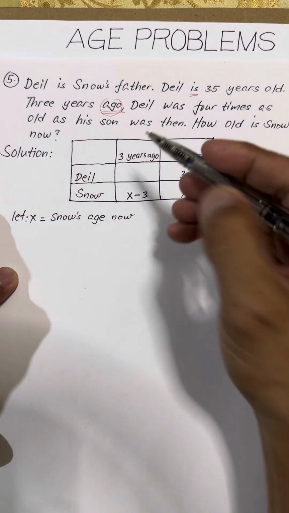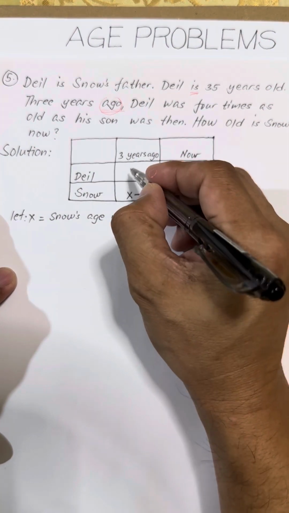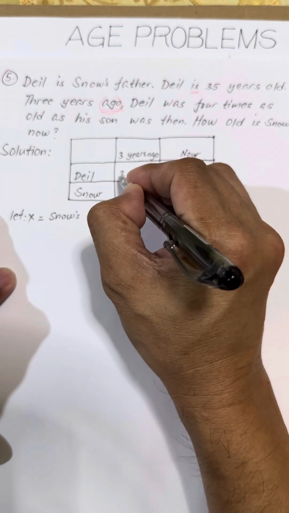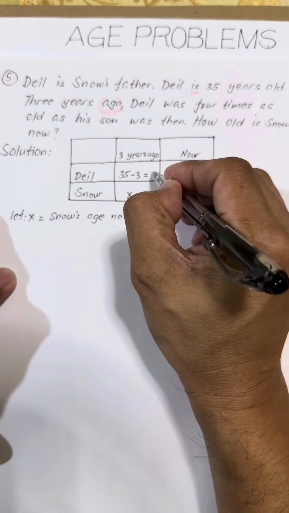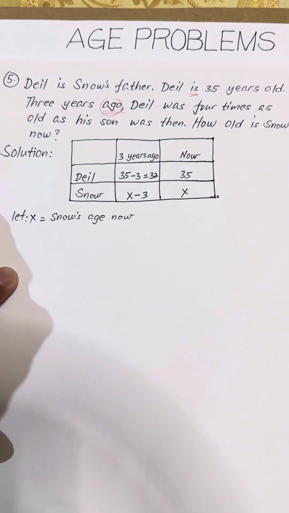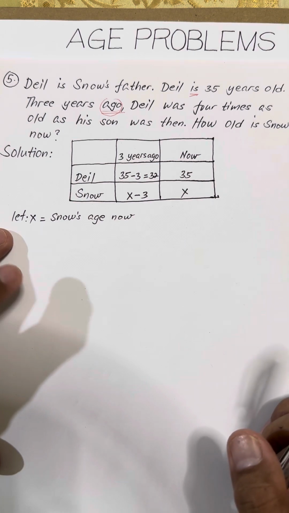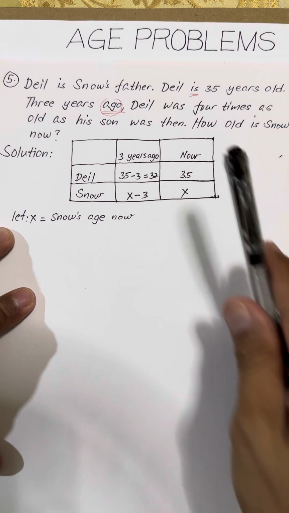So 3 years ago, what's the age of Dale? Now Dale is 35 years old. Then 3 years ago, so minus 3, his age was 32. Next we have to formulate an equation out of this statement.